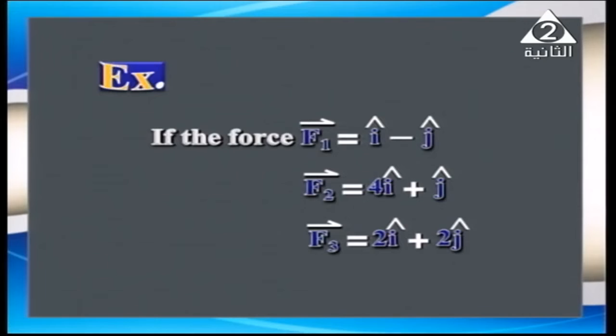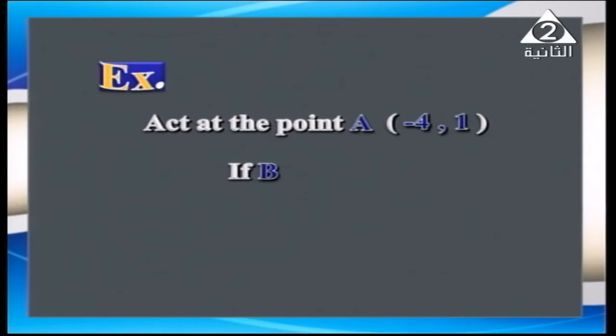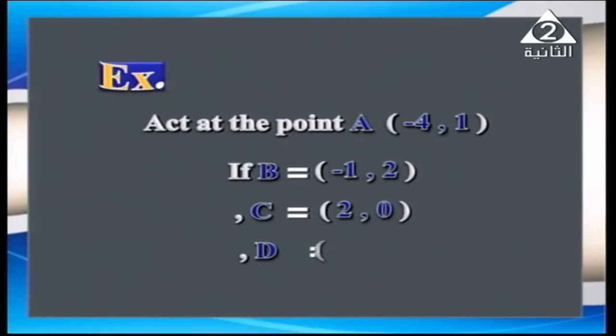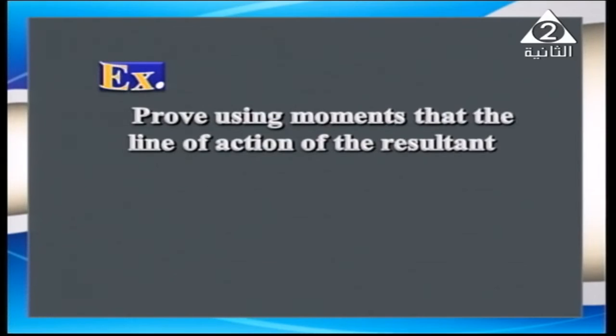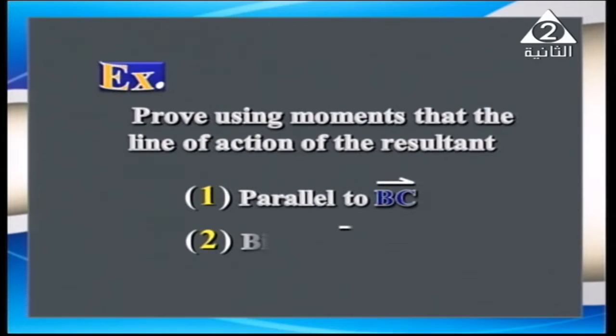We have three forces, at the points A (-4, 1), B (-1, 2), C (2, 0), and D (-4, -2). Prove that the line of action of the resultant is, number 1, parallel to BC, and number 2, bisects CD.